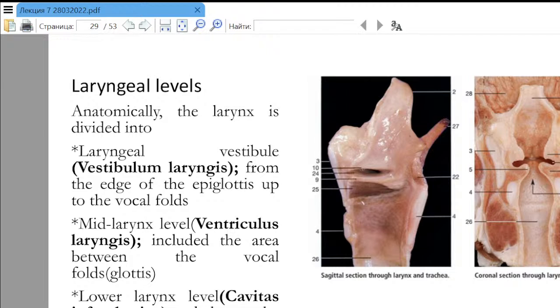Mid-larynx level, ventriculus laryngis, includes the area between the vocal folds. Lower level, cavitas infraglottica, below the vocal fold to the lower edge of the cricoid cartilage.